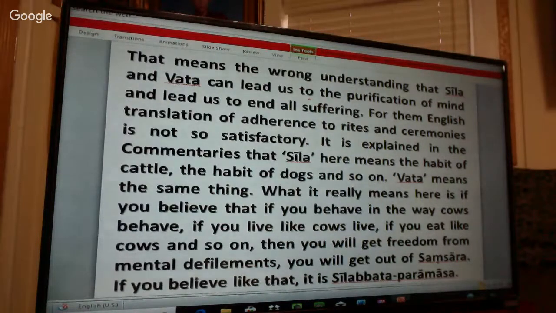So their practice was no attachment. They don't need anything. Like a dog, food on the ground, they eat. Like this. You can go to the next slide.